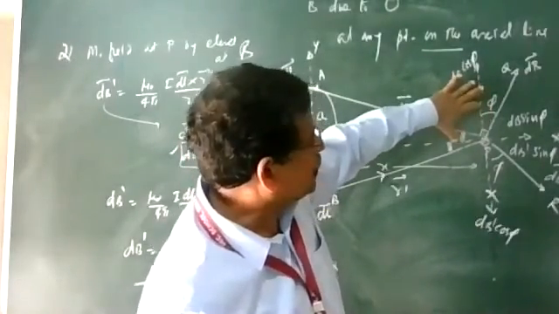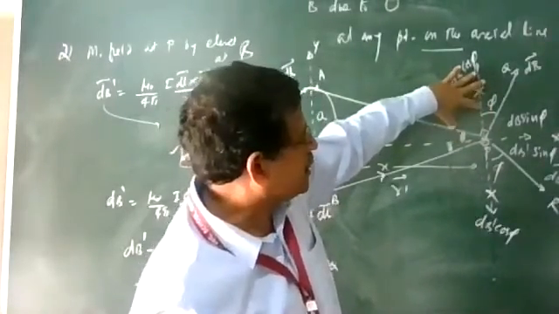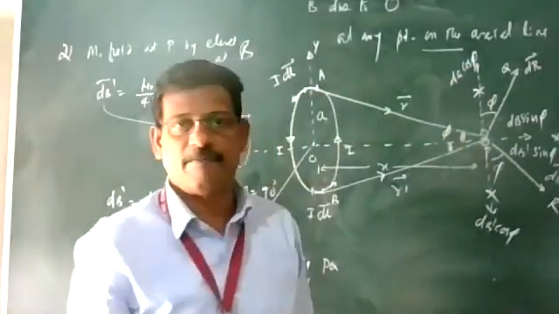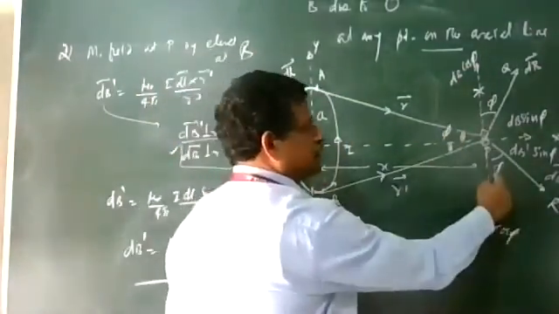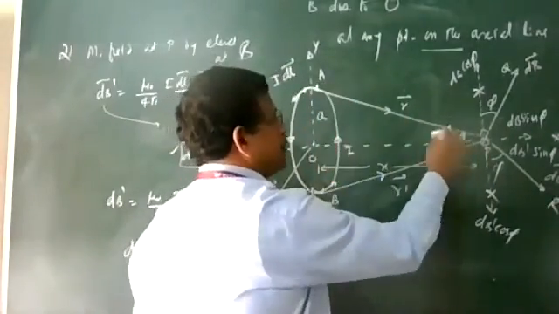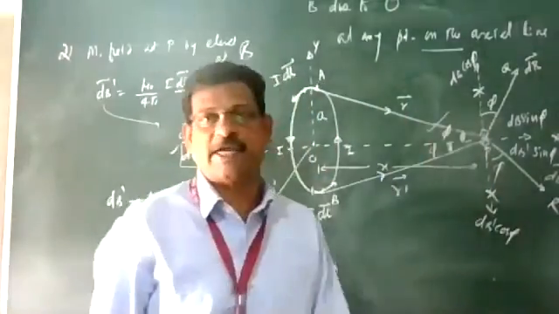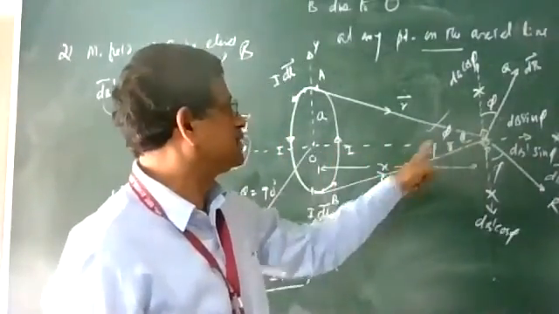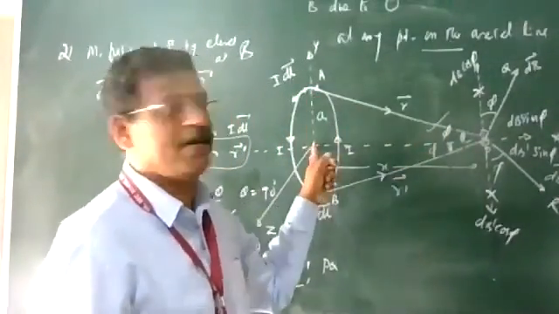This is also perpendicular. Similarly, the angle below is phi. Because there is a right angle here, you can find the value of sin phi, cos phi, tan phi from the triangle. This distance is x, this distance is r, radius a.